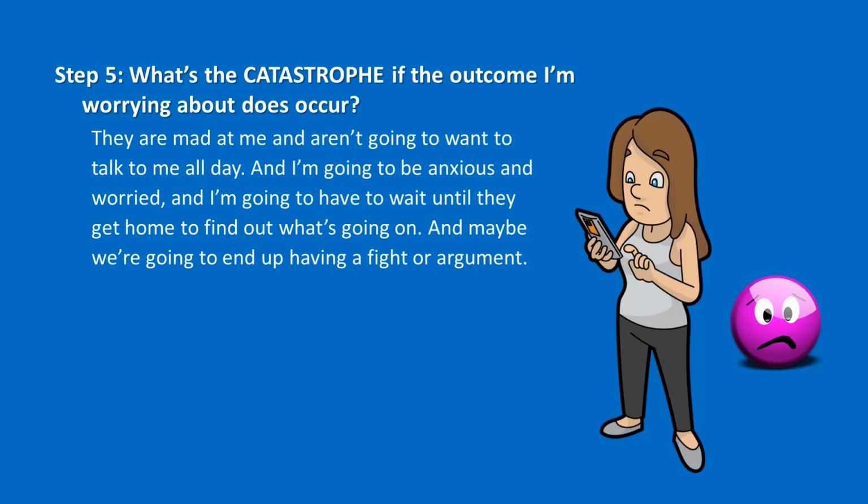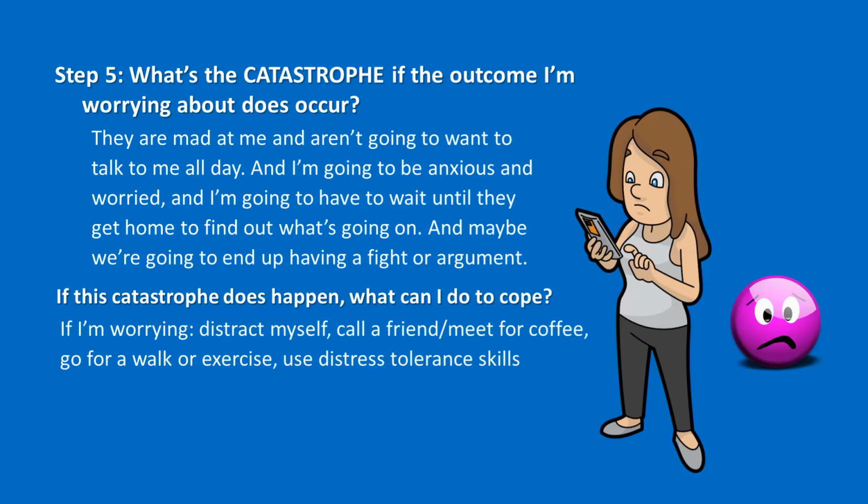So then we ask ourselves, if this catastrophe did happen, what could we do? And we describe ways that we could cope if the worst case does occur. So maybe these are things like, if I start to worry too much about what's going on, instead of texting them over and over looking for reassurance, I could do something to distract myself, or call a friend, or meet up with someone for coffee, or go for a walk, or get some exercise, or use any of my distress tolerance skills.